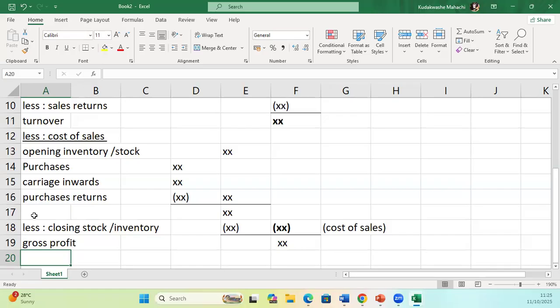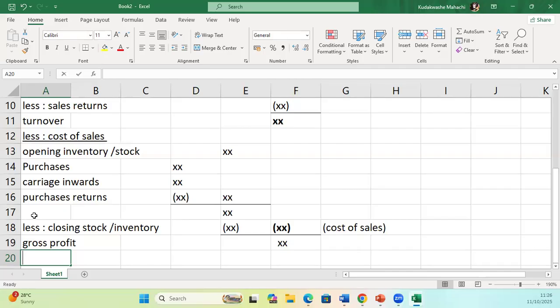In business, in some cases, you need to pay employees. You might need to pay for rentals. Those are called expenses. So the gross profit is before expenses. If we remove expenses from that gross profit, we then get what is called the net profit.